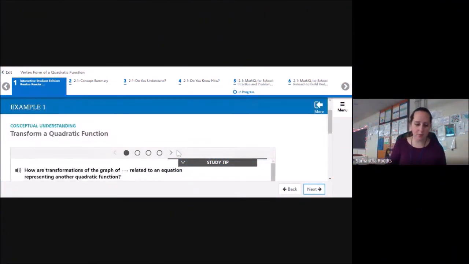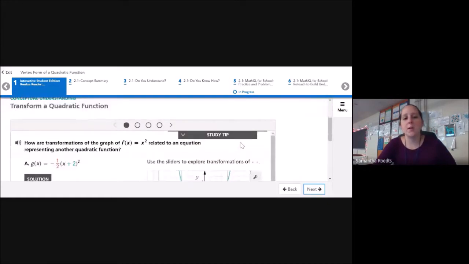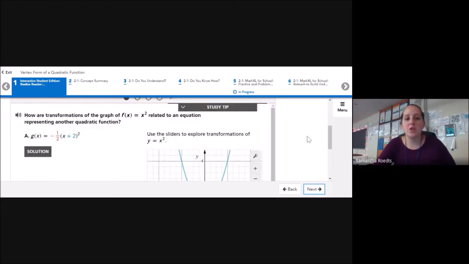All right, so example number 1. Example 1 says to transform a quadratic function. So how are transformations of the graph f of x equals x squared related to an equation representing another quadratic function, g of x equals negative 1/2 times the quantity x plus 2 squared?